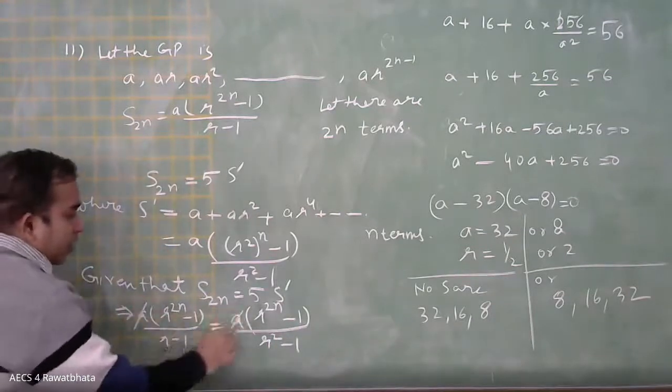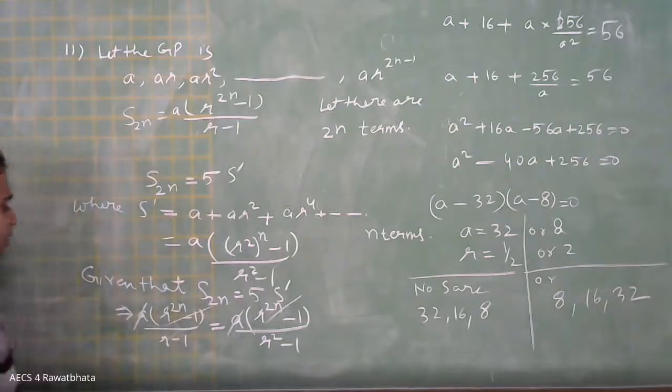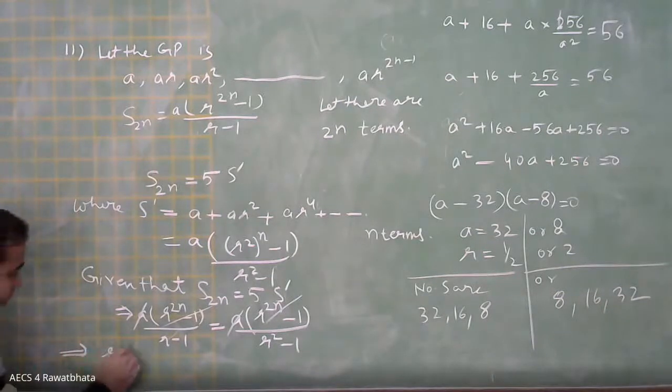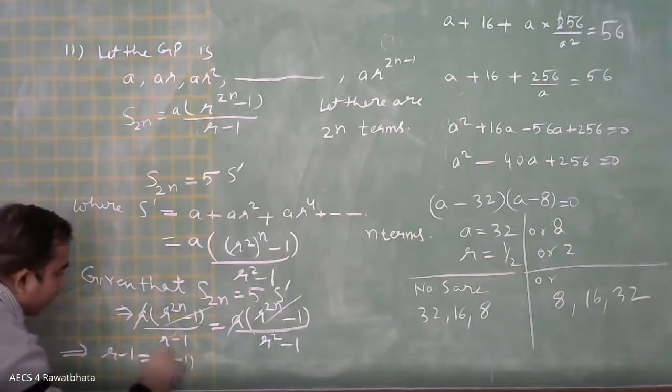Simplify, A gets cancelled, numerator gets cancelled, and this denominator can be equated and the right hand side can be factorized.